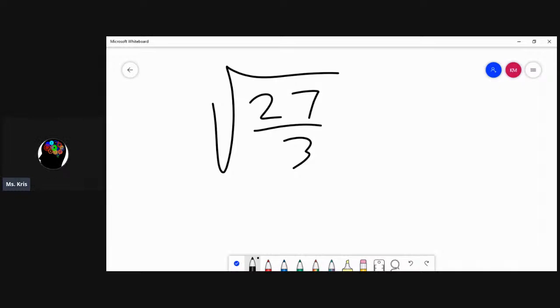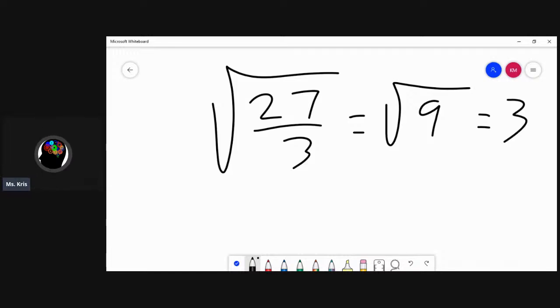Of course, 27 divided by 3 is 9, therefore the square root of 9 is 3.